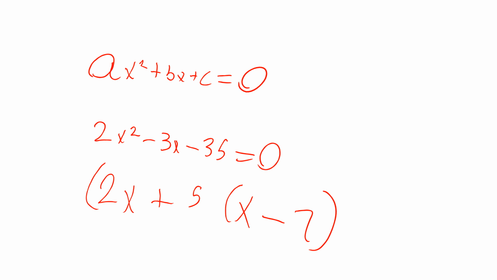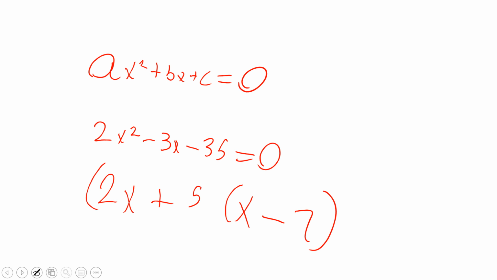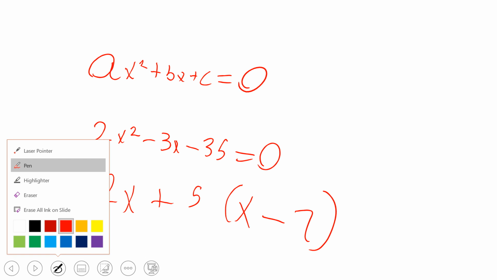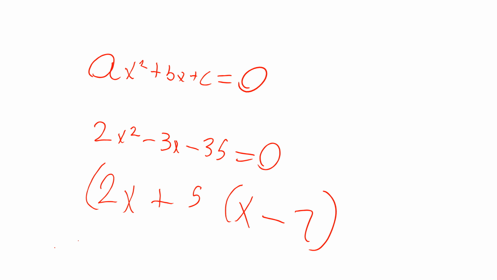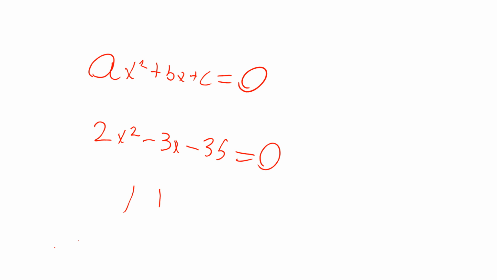So multiply 2x times negative 7, negative 14 plus 5. That's not gonna work out. Whenever it doesn't work out, we try the opposite.